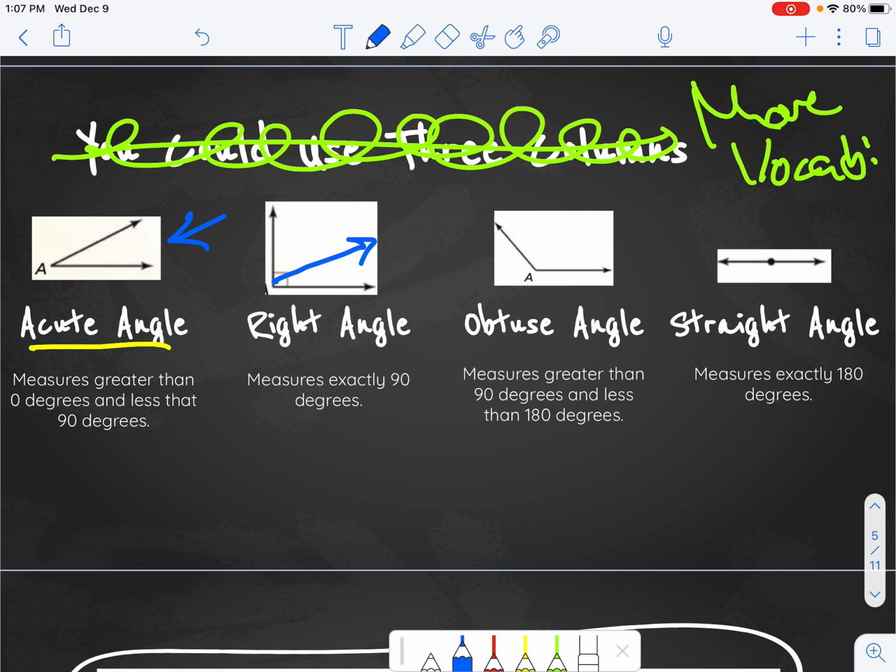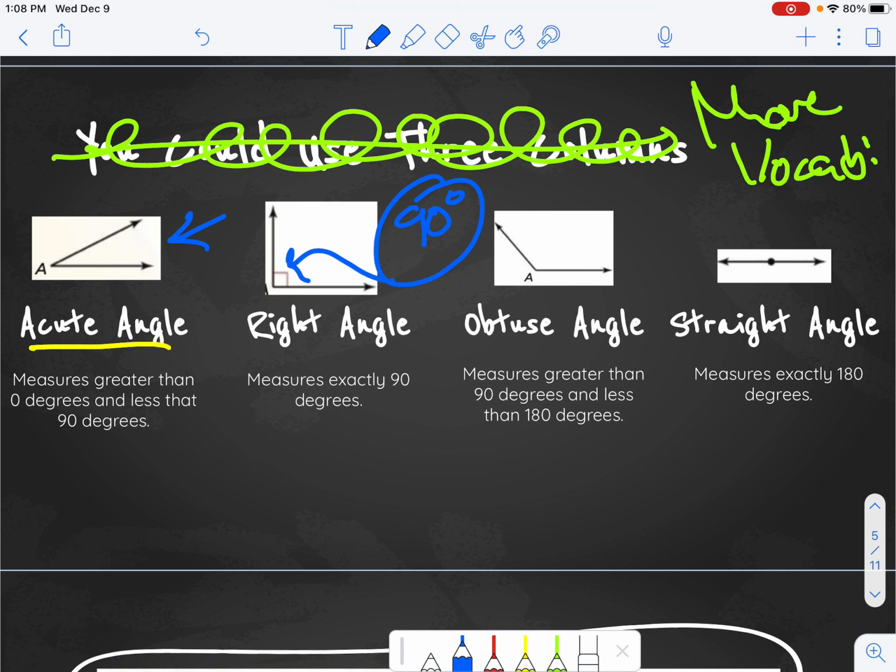They might have a line that comes out and bisects, and they'll say find the measure of this whole thing, or find the measure of just this side. Well, no matter what, they need you to know that that little line means 90 degrees. So we have to watch out for that and keep that in mind.